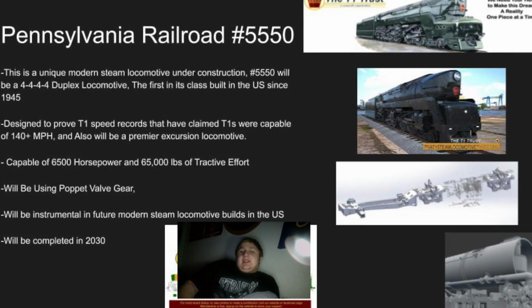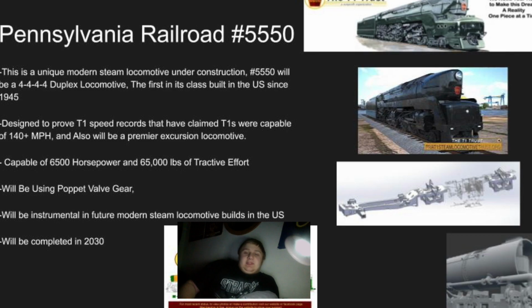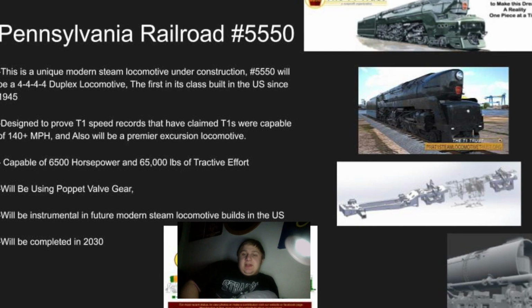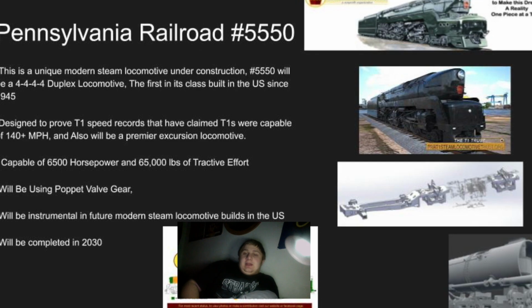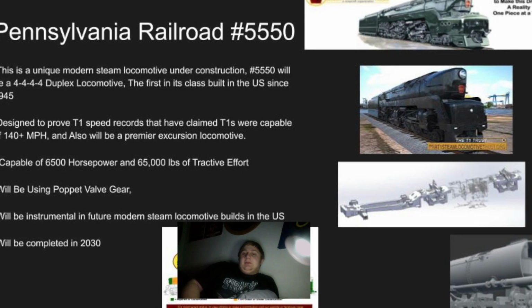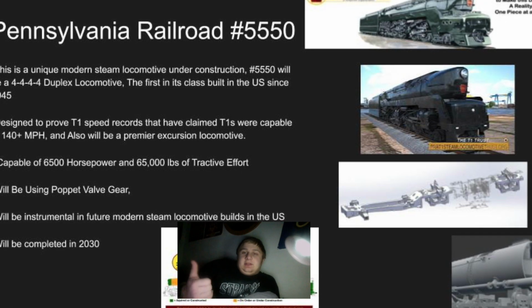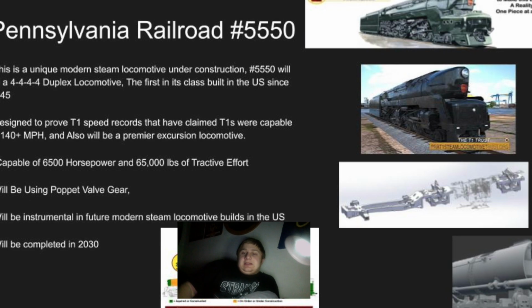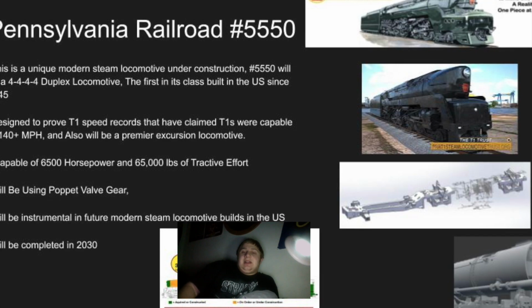But this thing is capable of a lot of horsepower. One T1 is capable of 6,500 horsepower with 65,000 pounds of tractive effort and uses the poppet valve. This, like Tornado, is instrumental in the future of motive power in the US. And it won't be done for another 10 years. It'll be done in 2030. This locomotive could actually create another ACE 3000 in a way.